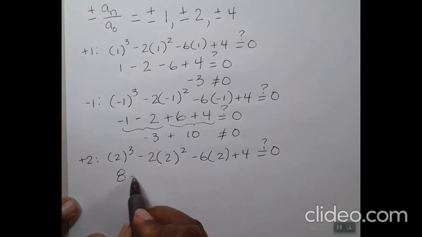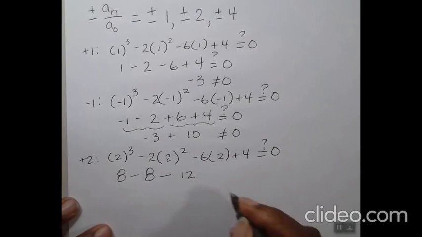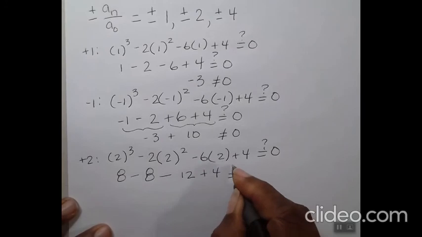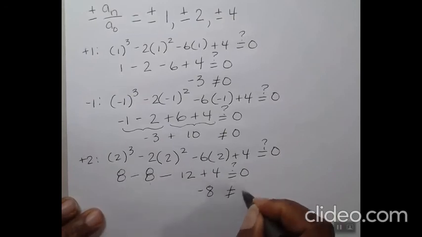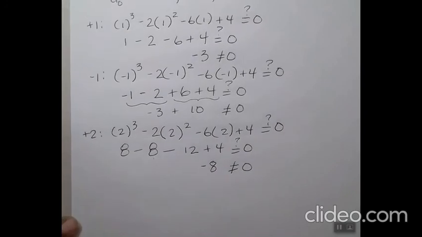Minus 2 times 4 is also 8. Minus 6 times 2 is 12. Plus 4. Well, 8 minus 8 is 0. Minus 8 more is negative 8. So negative 8 does not equal 0. So that one didn't work.